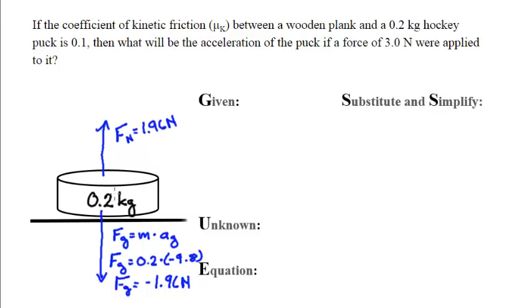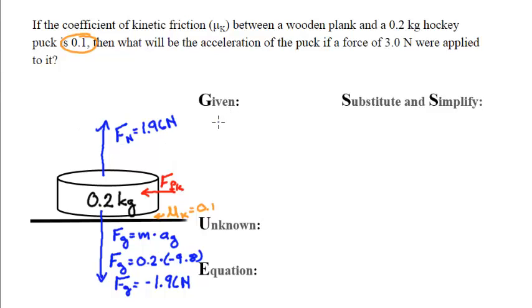Now, given this information, I also know one more bit of information, and that is this number here. And so my mu kinetic equals 0.1. Given those things, could I figure out how much force is being applied in this direction? In other words, I want to know what the force of friction kinetic is.